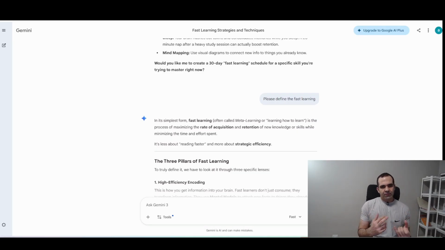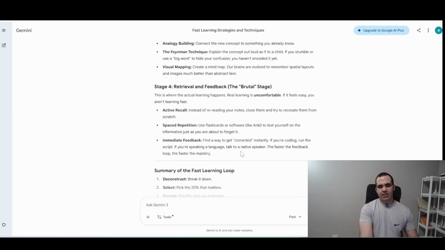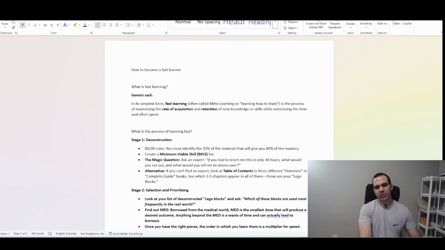At first we define the topic, then we ask about the specific stages of the topic, and then we use every stage to find tools for that stage. We had too many concepts and too many tools. So in general, what can we do for fast learning?